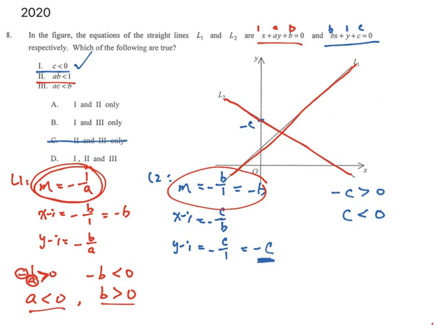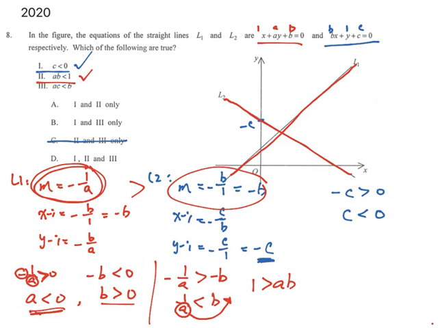Slope 1 is greater because it is increasing, so negative 1 over A is greater than negative B. Dividing both sides by negative, it becomes 1 over A less than B. Because A is negative, moving it to the right-hand side changes the inequality again, so it becomes bigger, A times B. So AB is less than 1.